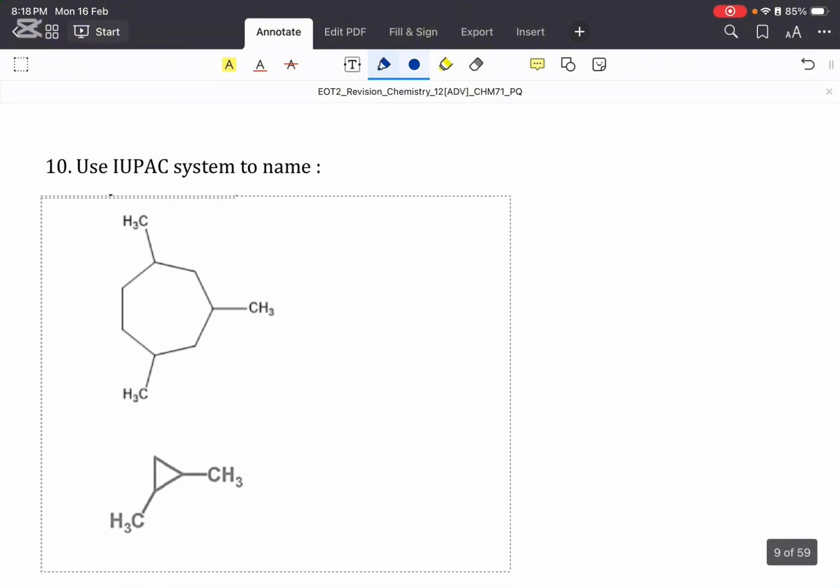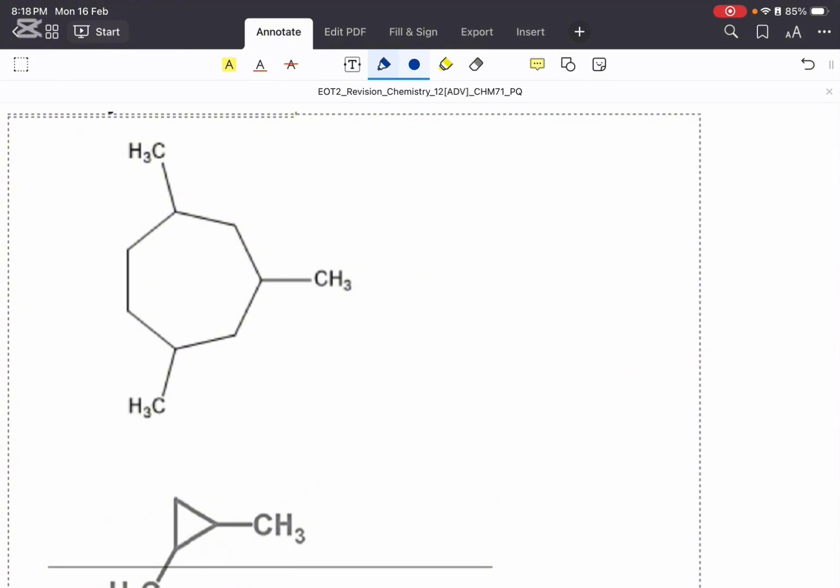Now moving to the cycloalkanes. Again, use the IUPAC system. The only difference here is I'm going to add the prefix cyclo before putting the name of the main chain. So first, let's start counting. 1, 2, 3, 4, 5, 6, and 7 carbons.